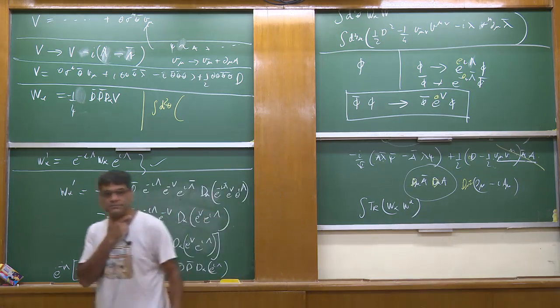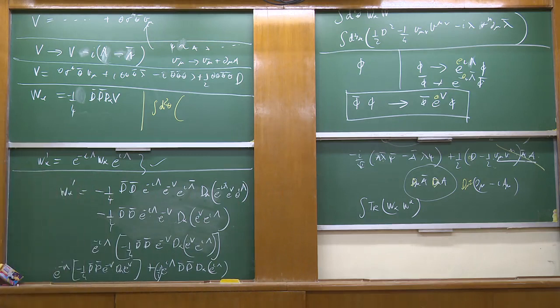Is it true that this can happen, that d bar p anti-commutator is p? Yes. And d bar p commutator is 0? You're giving me an argument that d bar d of anything is 0.